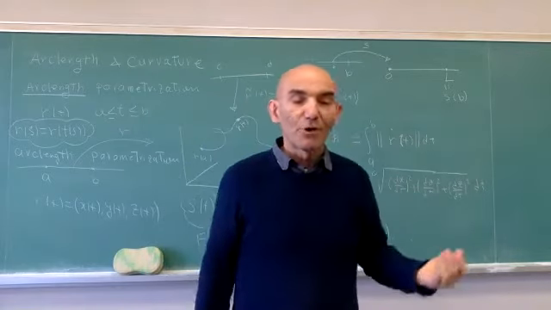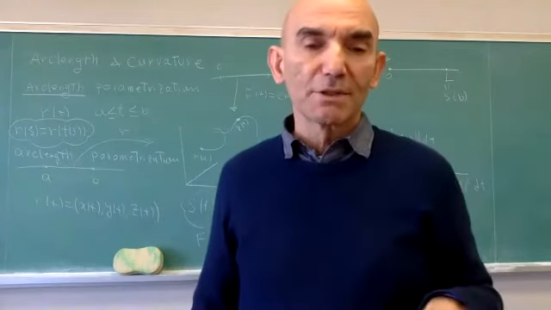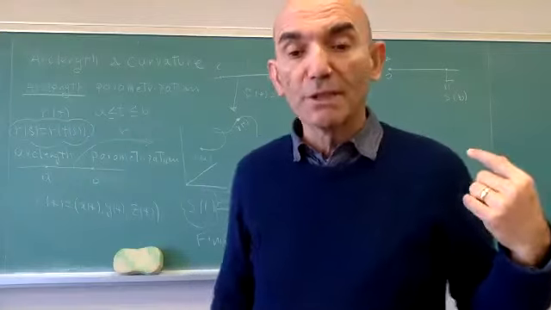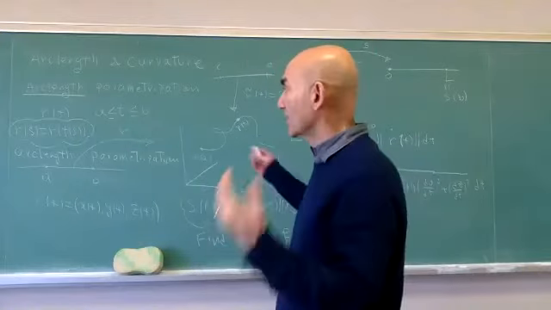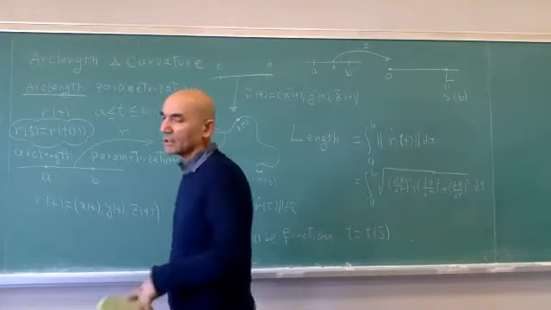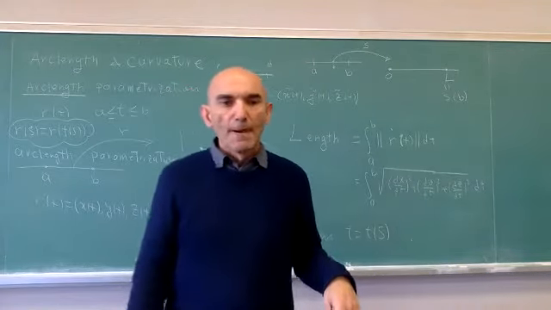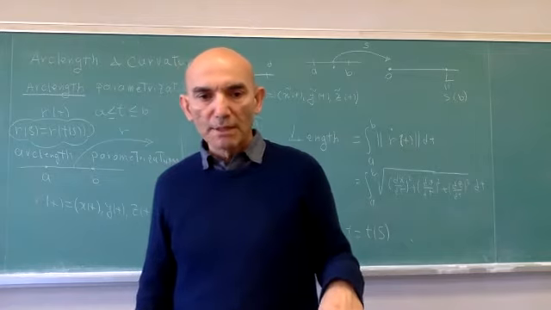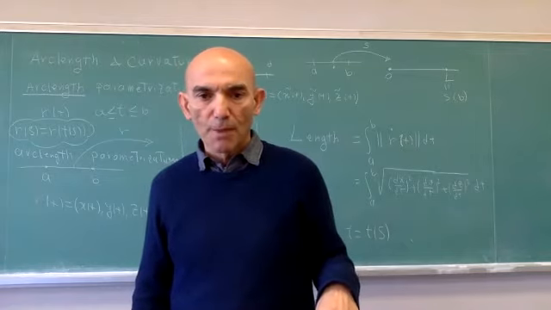Then you can write down the arc-length parameterization. This arc-length parameterization was useful when we defined curvature and derived formulas for curvature. So let me give you an example now, if you don't have a question.